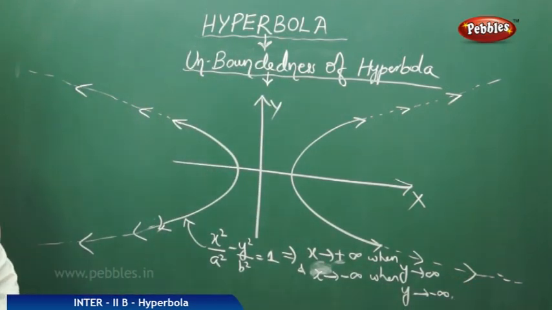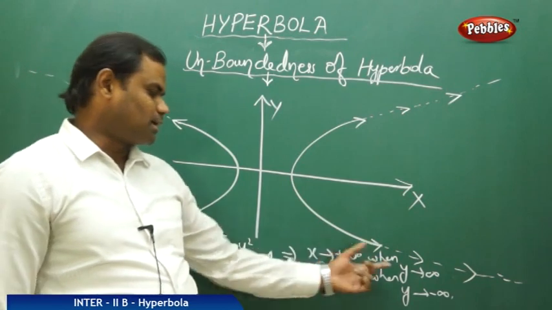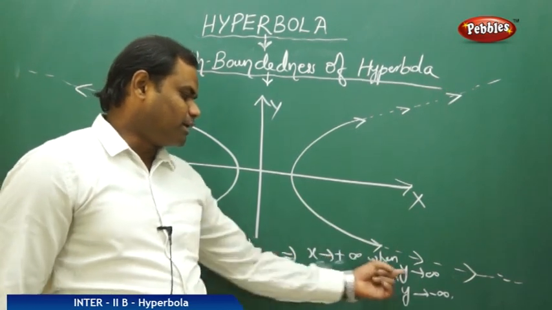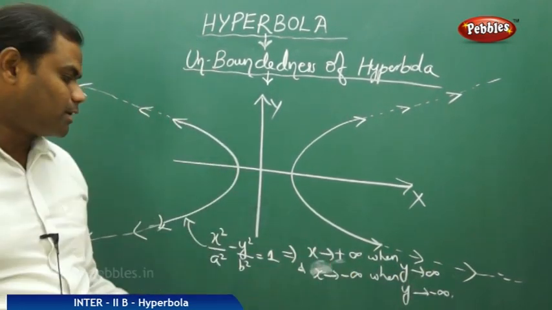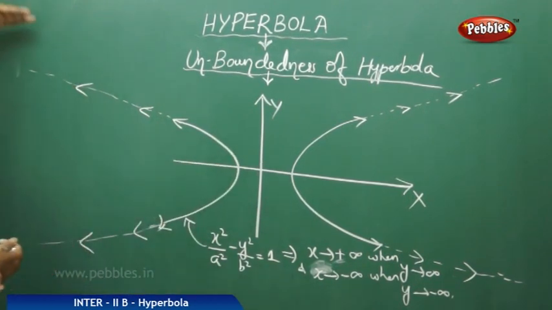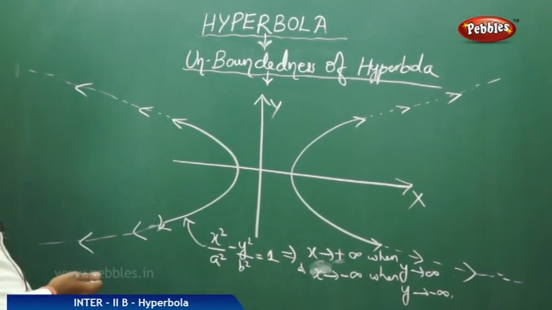Therefore, the curve is unbounded, which clearly shows that when x tends to infinity, y doesn't tend to a finite value but infinity, and when x tends to minus infinity, y also tends to minus infinity.